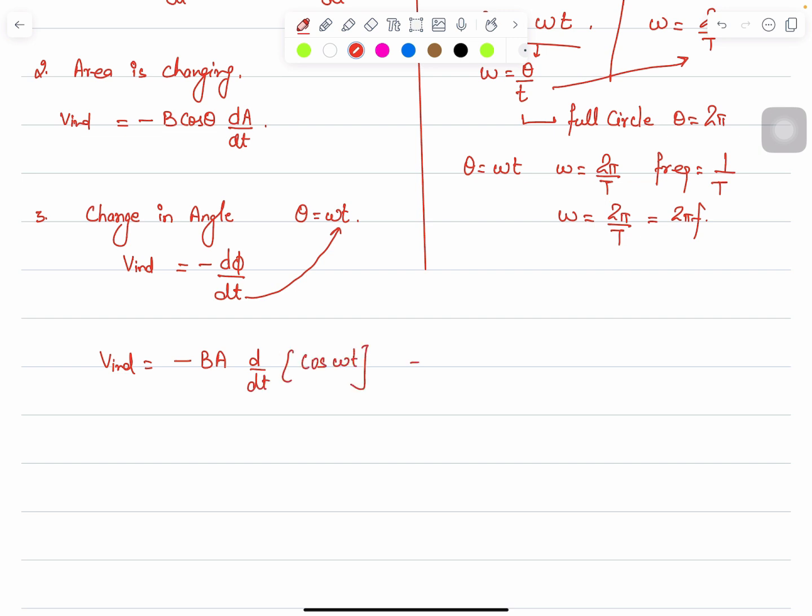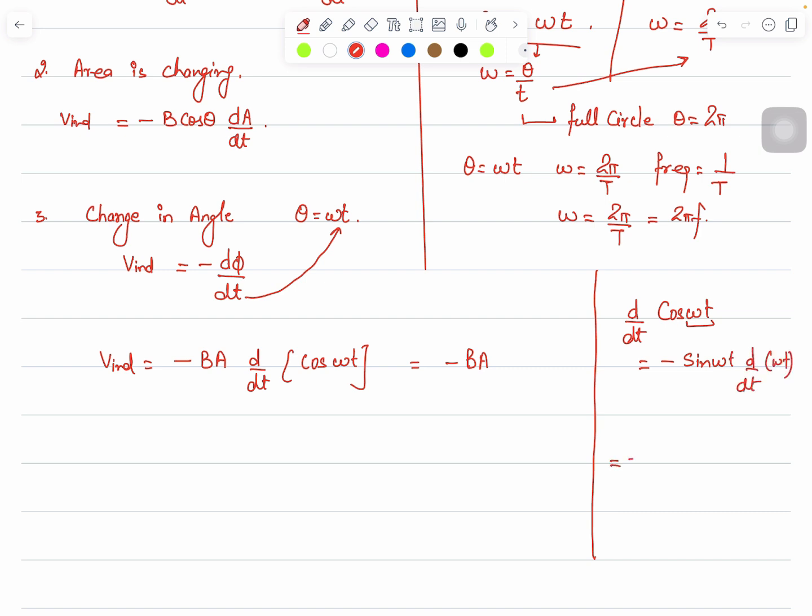If you solve it, what will you get? Negative BA. I will solve it in a separate section for you so that you can understand, and I can write the direct formula for you. Okay, d by dt of cos omega t. So for the cos, you will say there should be a sine, yes or no? Negative sine omega t. Then d by dt of omega t.